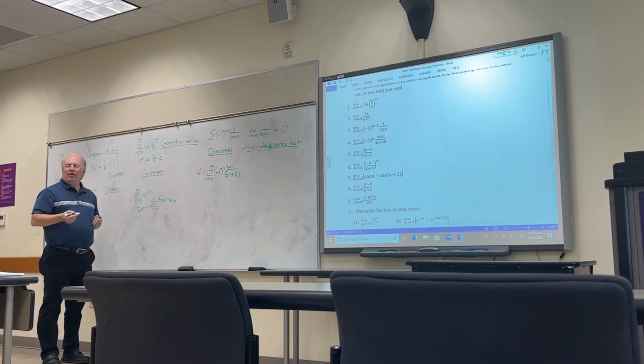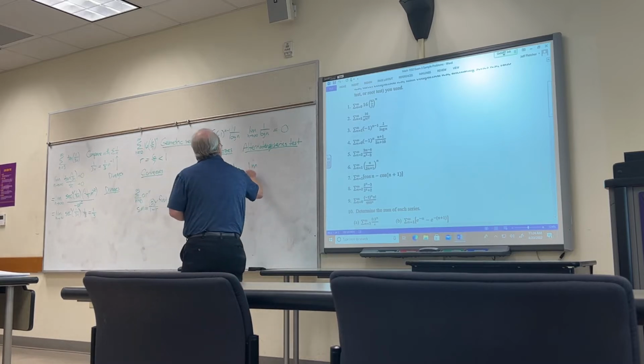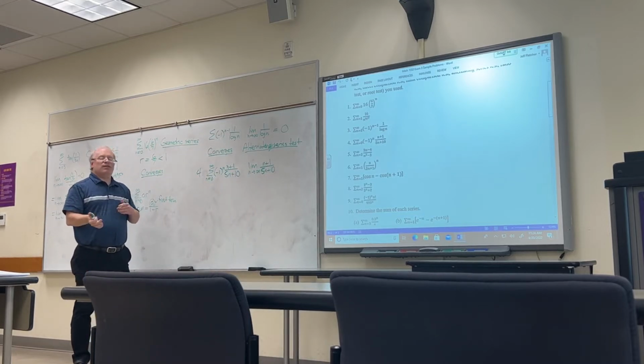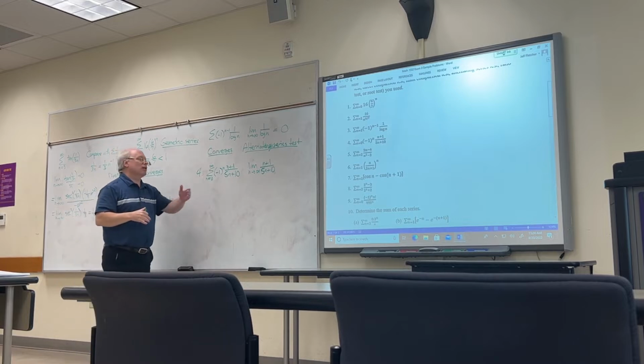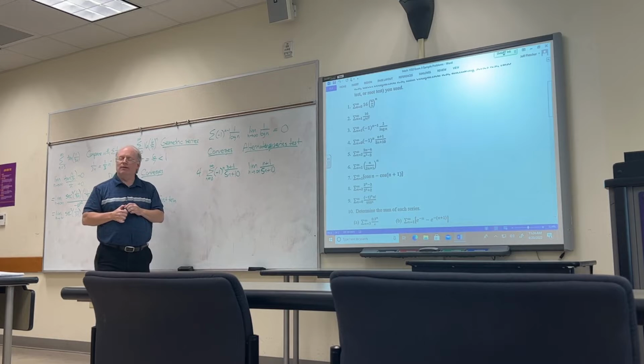Again, it's an alternating series, so you take the limit of the terms as n goes to infinity of n plus 1 over 5n plus 10. Like in the one before, you don't have to worry about the -1 to the n factor.